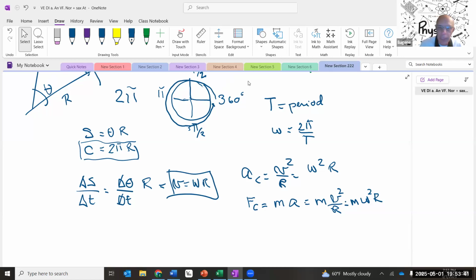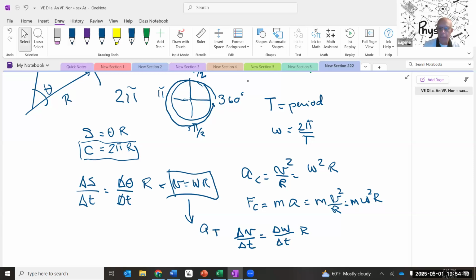Now, another thing from here. This is uniform circular motion, where the speed is constant. But if there is a tangential acceleration, a_t, that means v is going to change. And if v is going to change, we're going to have delta v divided by delta t equal to delta omega divided by delta t times r.